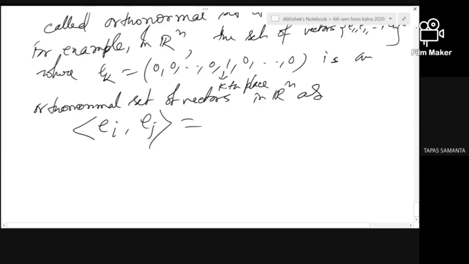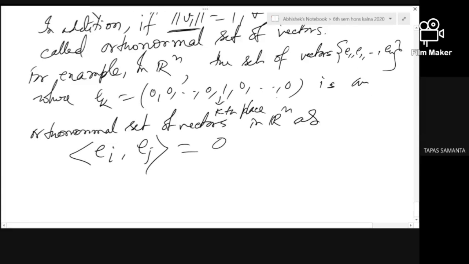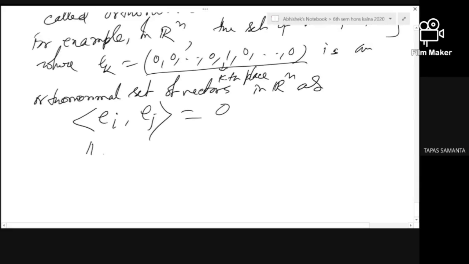At the ith place it will be 1 times 0, and at the jth place it will be 0 times 1. So all these are 0. And from the definition of the ek, the norms of the ek are all 1 with respect to the usual inner product. So this is an orthonormal set of vectors.